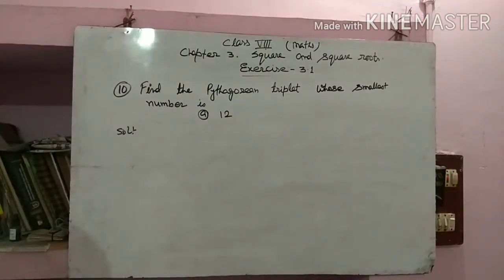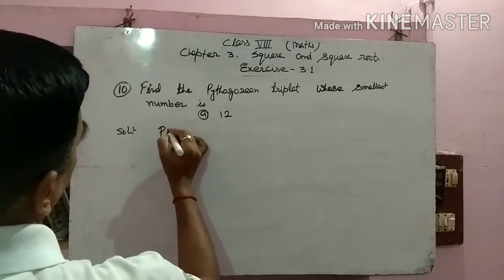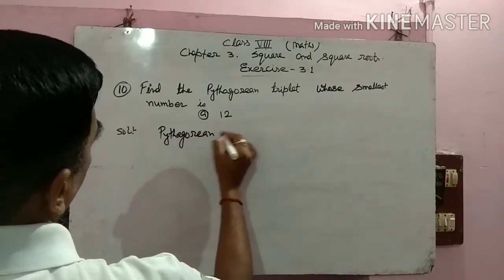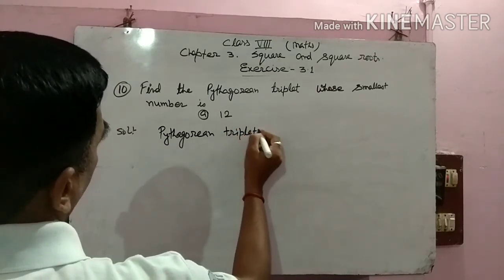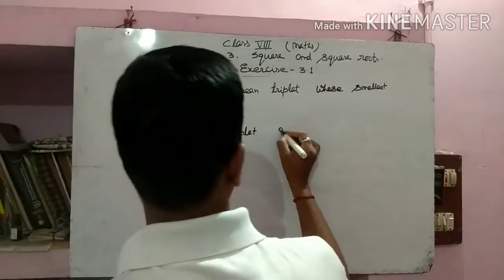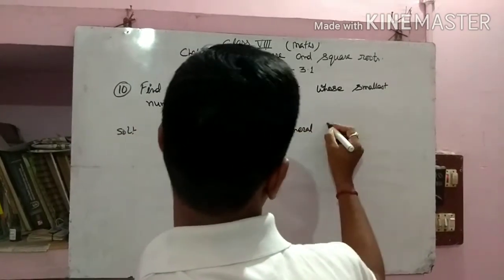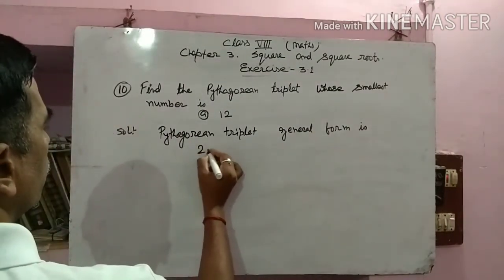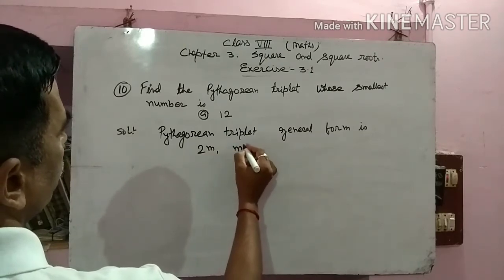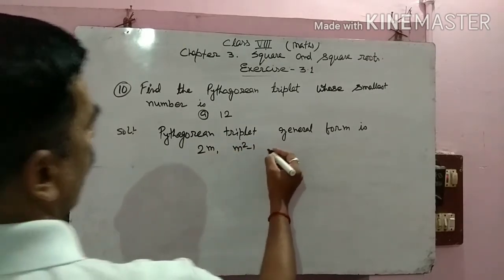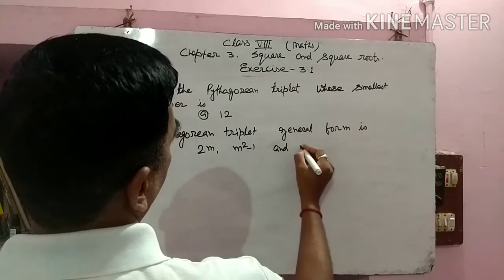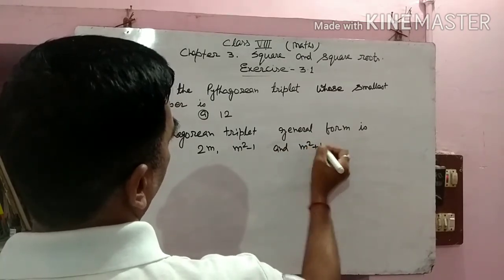So as you know, the Pythagorean triplet general form you can write as 2m, m square minus 1 and m square plus 1.